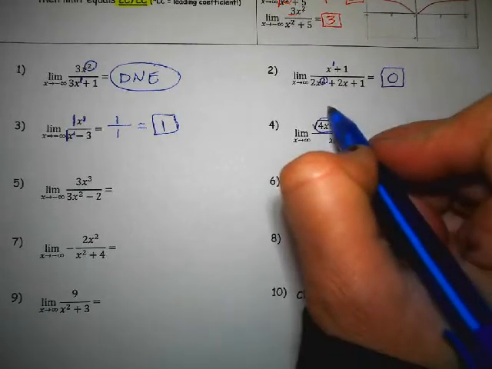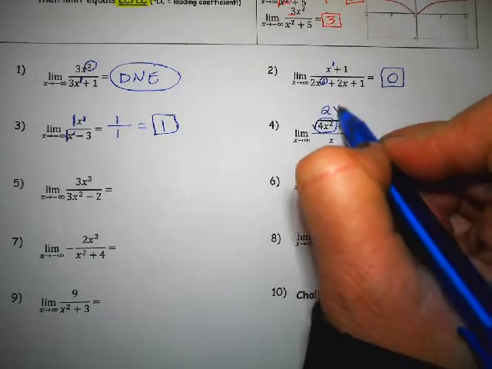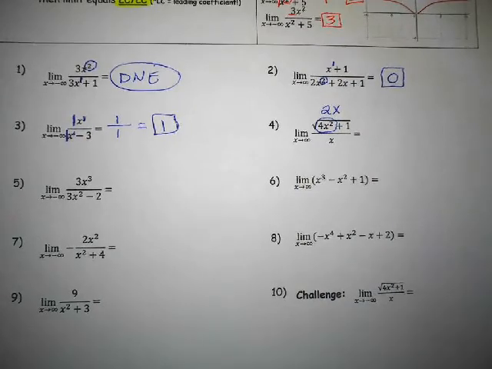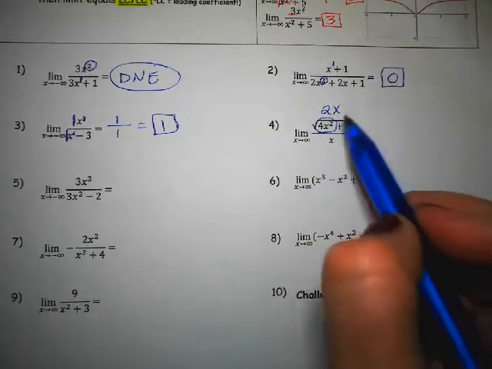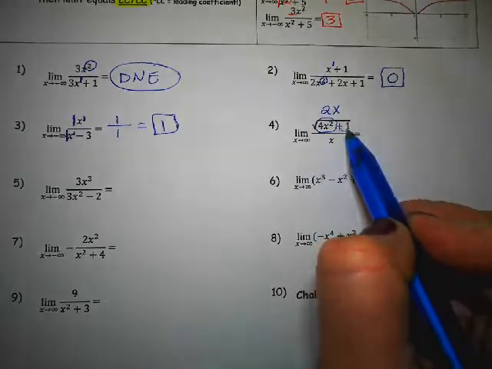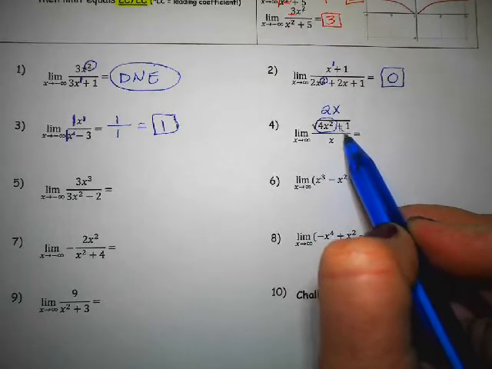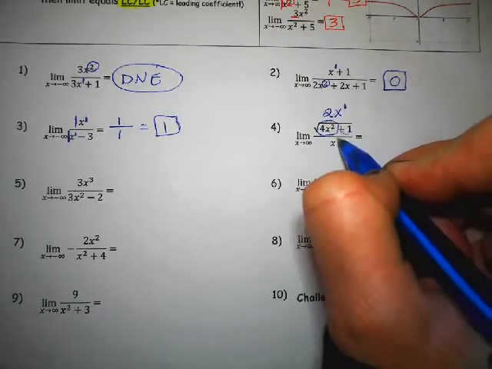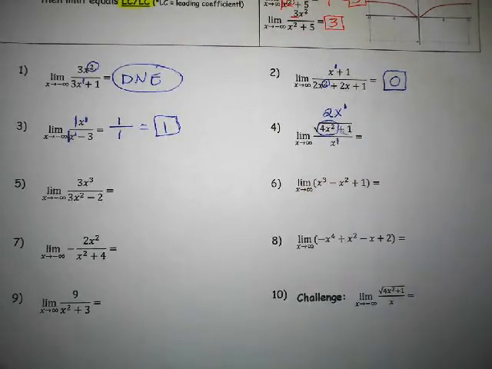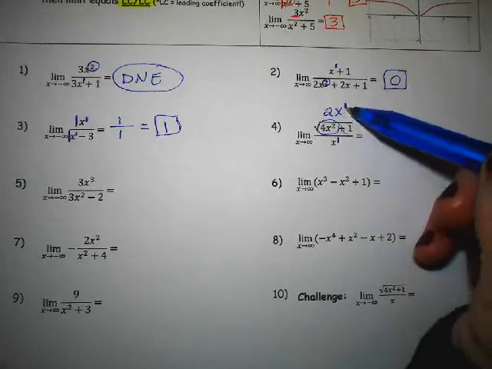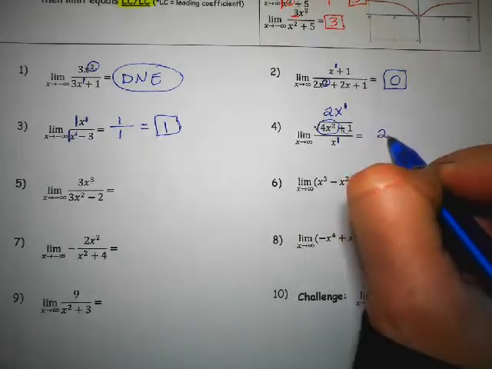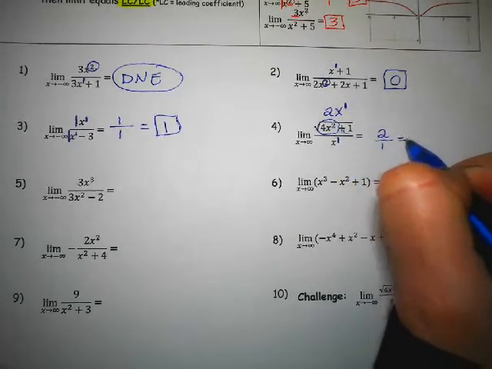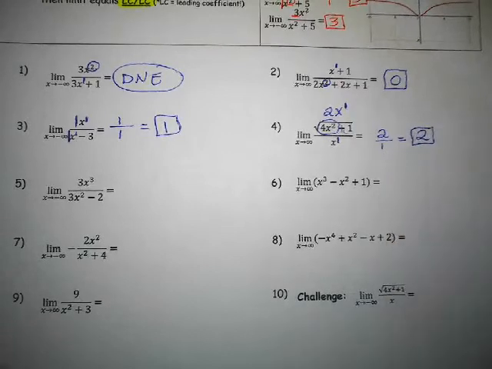Well, the square root of 4 is 2, and the square root of x squared is just x. And so that's what I think about. I think about the top. I'm not so worried about this +1. It's not going to have a big effect on my graph. I'm going to look at the degree of the top now and the degree of the bottom now. And my degrees are the same. So it's going to be leading coefficient over leading coefficient, which is just 2.